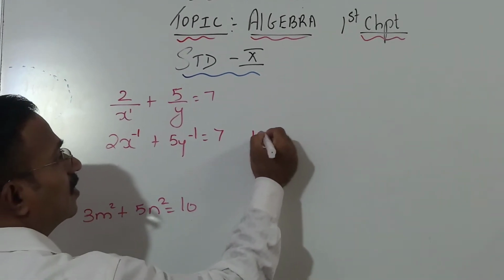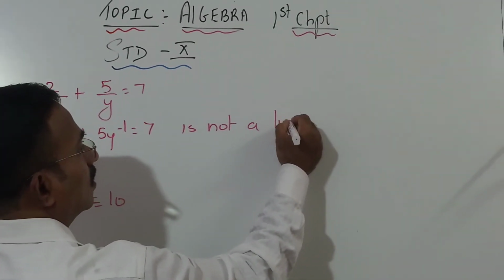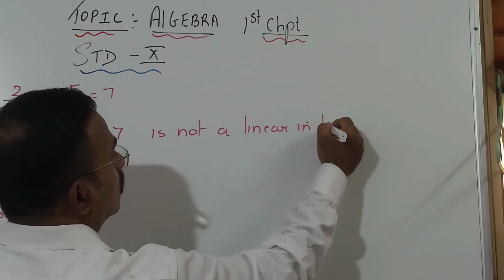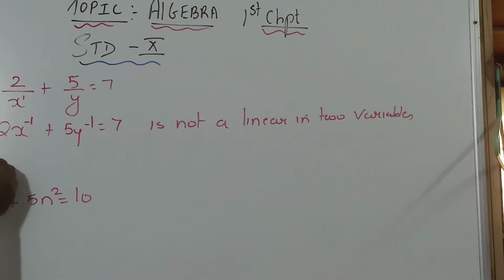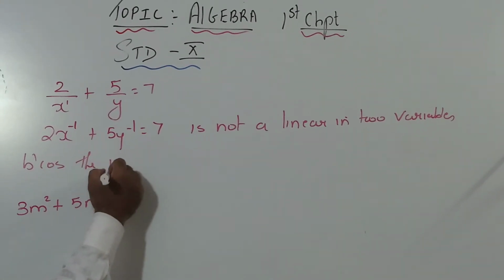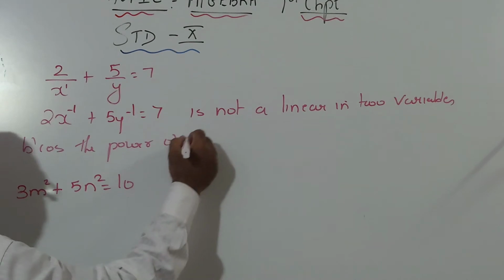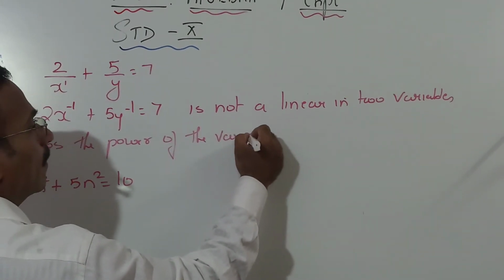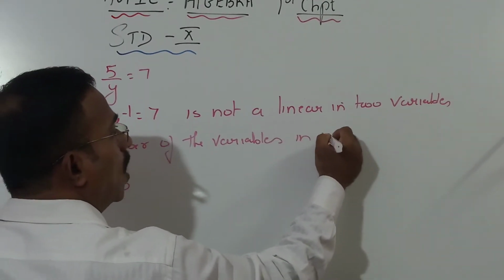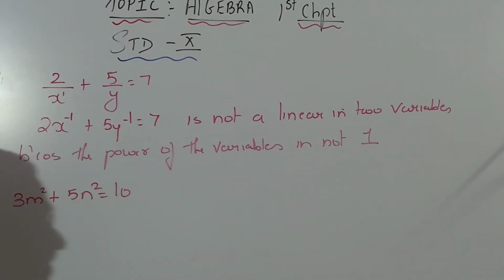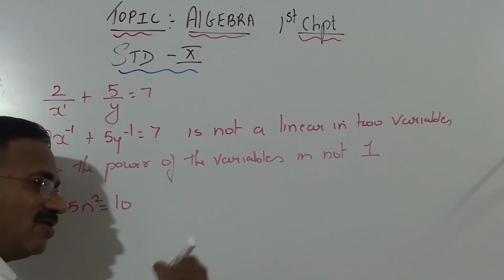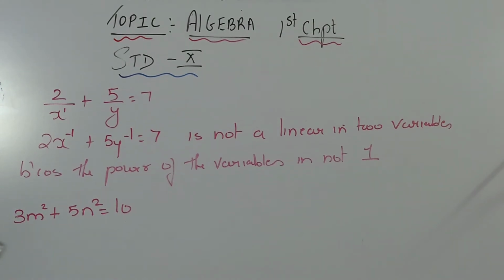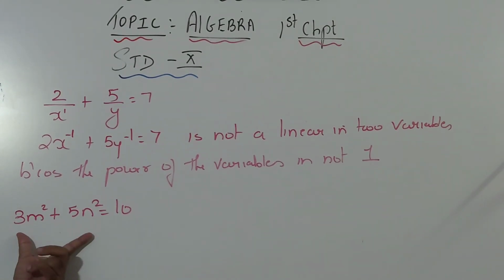So it is not a linear equation in two variables because the power of the variables is not 1. But this can be converted into a linear equation if I substitute and get the values, which I will show to you in the next sums.